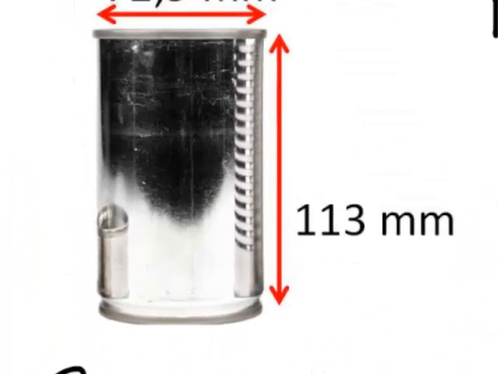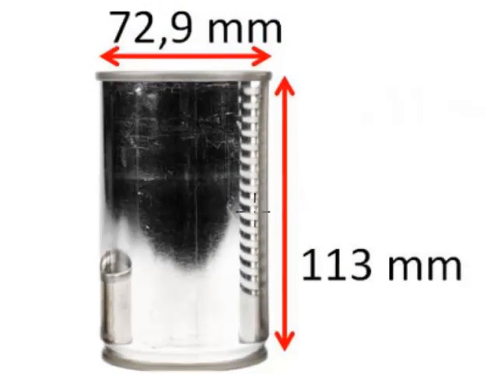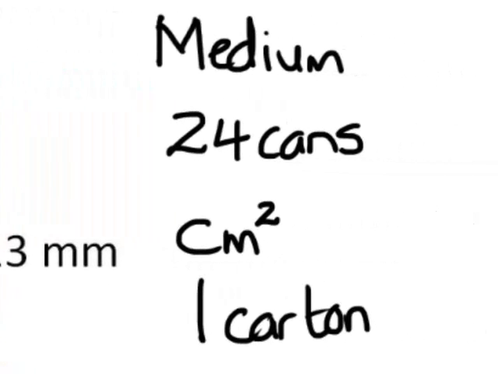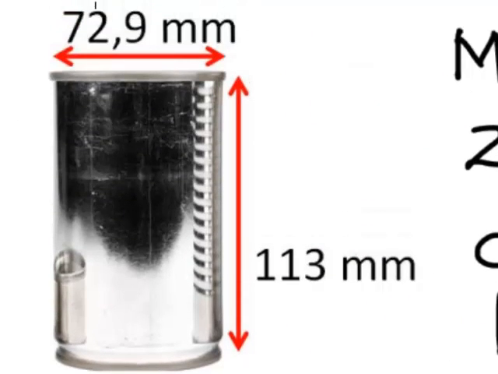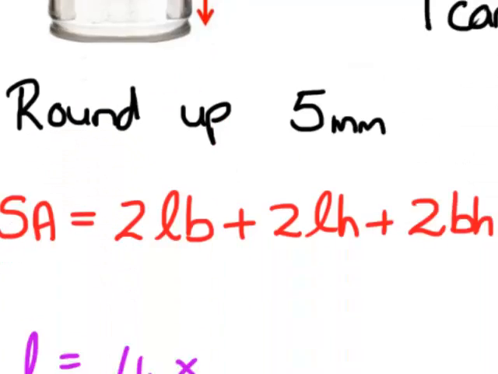Okay, so now we've got this can, and it's also being packed into a box of 24, which means with this one we're also going to have 4 cans in the length and 3 in the width and 2 in the height. So the first thing we must do is calculate those measurements. Okay, so our length is going to be 4 multiplied by, let's have a look at our width over here, it's 72,9 millimeters.